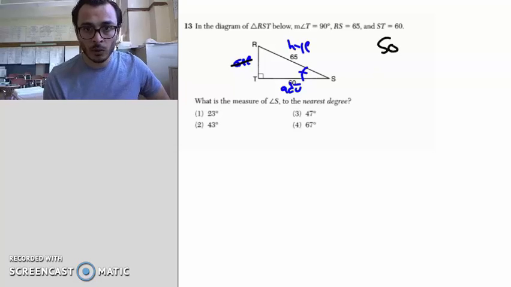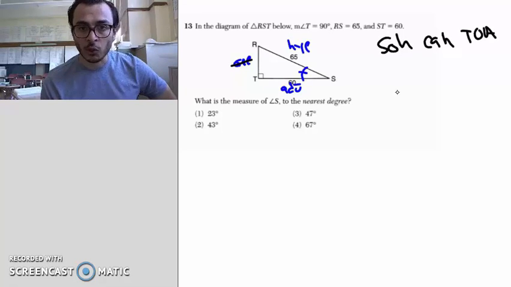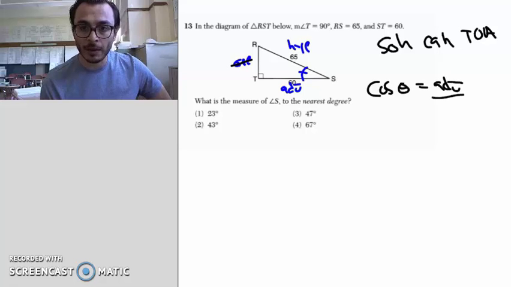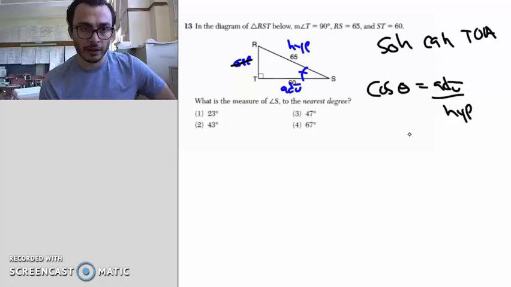If you recall SOHCAHTOA, you'll remember that we need to use cosine here because cosine of theta equals the adjacent over the hypotenuse. And those are the sides I have. And I'm looking for angle S here.